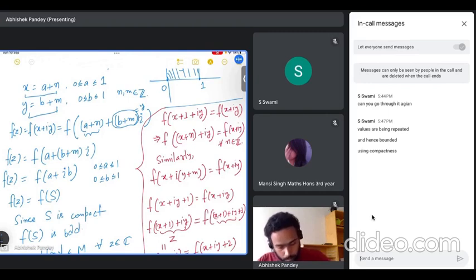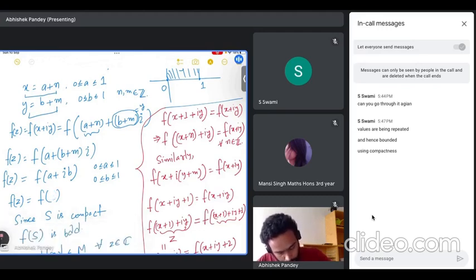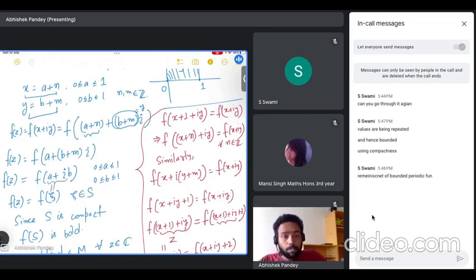Wait a minute, here I have to write f(xi), where xi belongs to S. So xi is basically a plus ib, and this xi belongs to S. So it is a kind of periodic function.